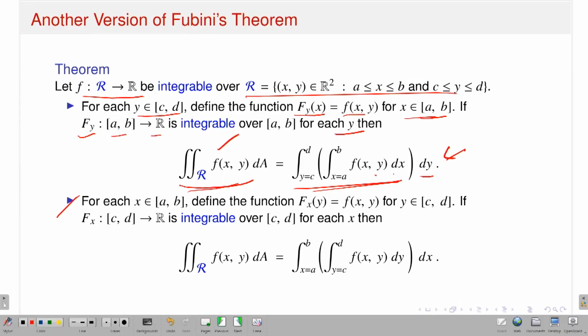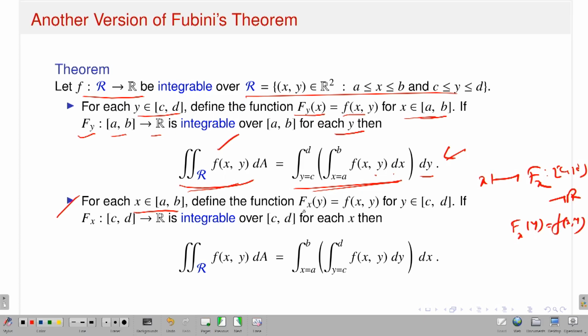Instead of keeping the y variable fixed, if I keep the x variable fixed, that is exactly what I have done for each x in the closed interval a b. Now, you fix x in the closed interval a b, and then you associate x with F suffix x. Again, it is a function from closed interval c to d to R, and what kind of function? F suffix x acting on y, which is nothing but f of x, y.